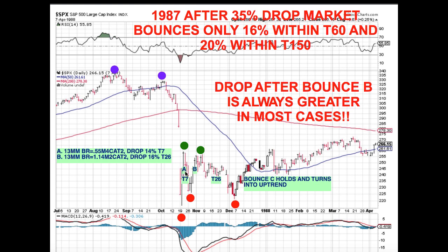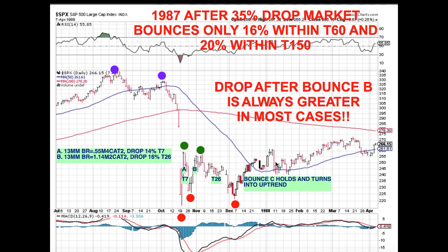So here's your bounce A, which took place literally in under 7 days. We got another drop, not quite as low, and we got another bounce B pretty much immediately. Then we got the follow through after bounce B of about 26 days. So the third bounce actually does not have a down leg.